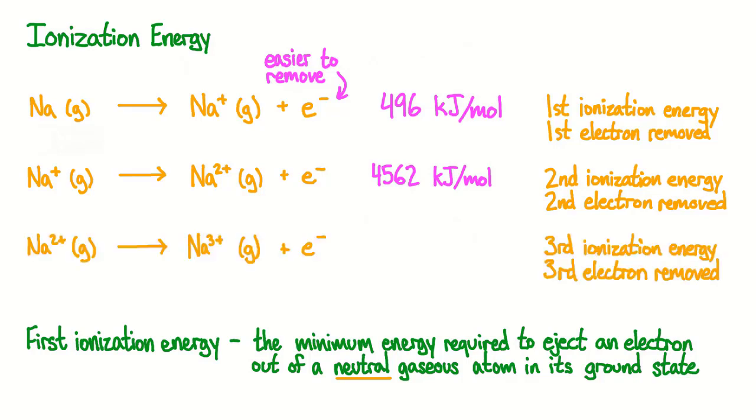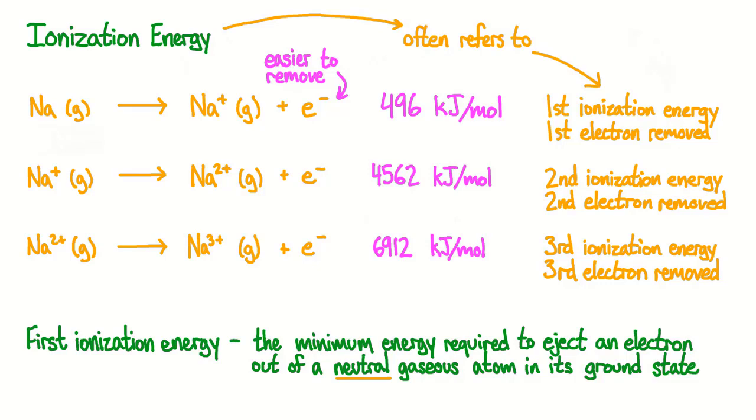If we keep removing electrons and measuring the energy required, we can get the third, fourth, fifth ionization energies, and so on. In the case of sodium, the third ionization energy is 6,912 kilojoules per mole, another relatively high value, especially when compared to the first ionization energy of sodium.